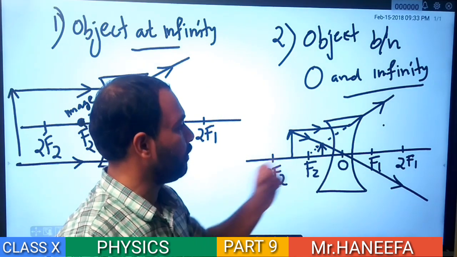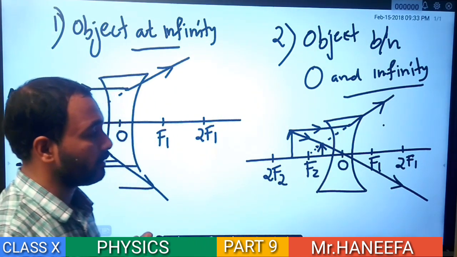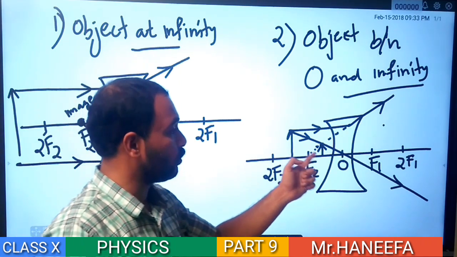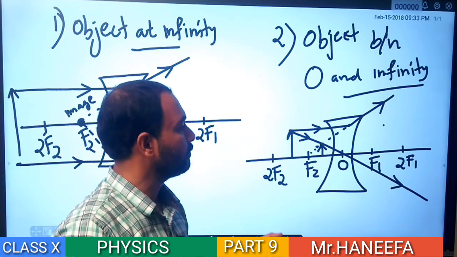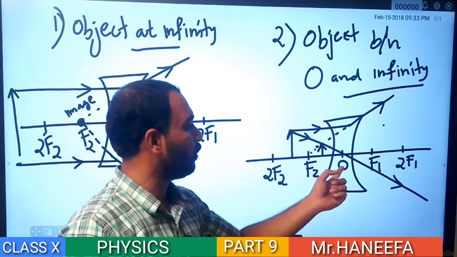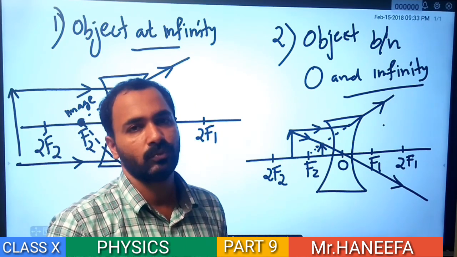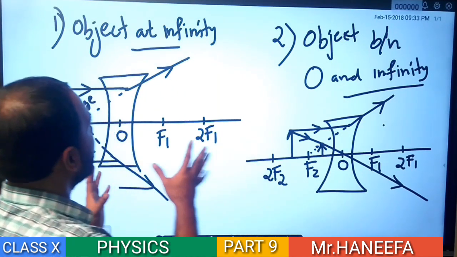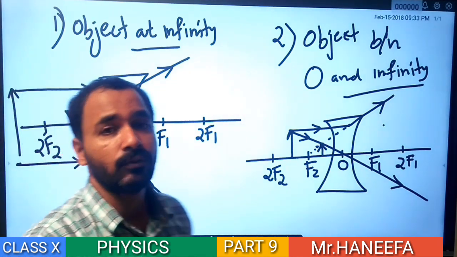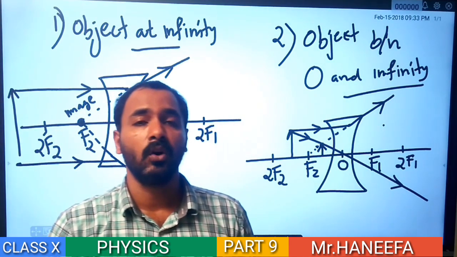This is the image. What are the image properties? This image is virtual, erect, diminished. It is formed between O and F2. So these are the two cases of image formation by concave lens.